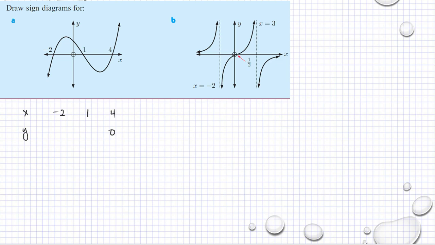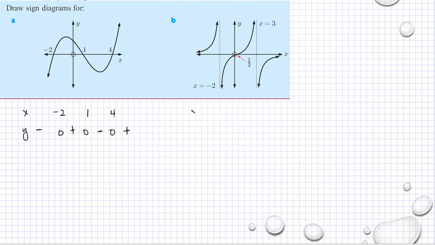All of these, their value is 0. And then, as you can see here, less than -2, we have negative. Between -2 and 1, we have positive. And then we have negative again, and then positive. That is the sign diagram.